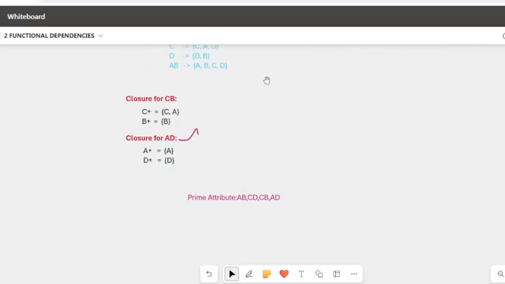Finally, we check whether these combinations are available on the right hand side. Previously we checked all the combinations available on the right hand side, and there are no new terms. So finally we can say, for this problem the primary attributes are AB, CD, CB and AD.